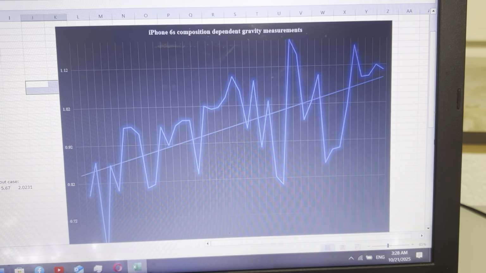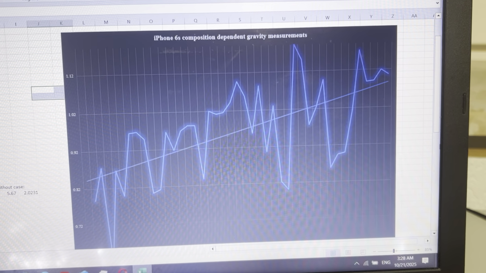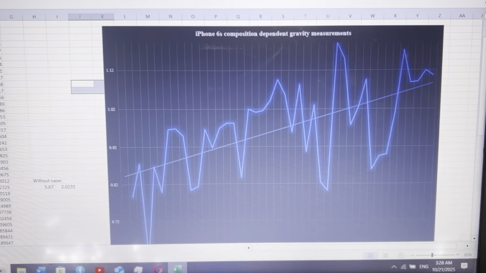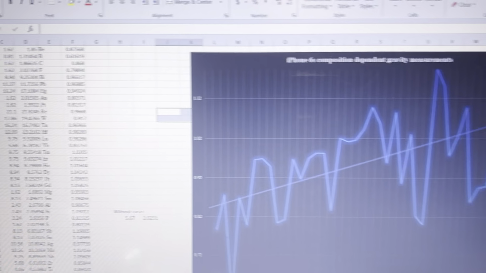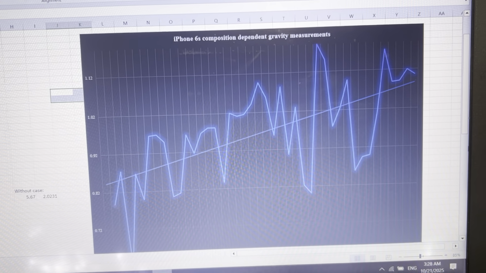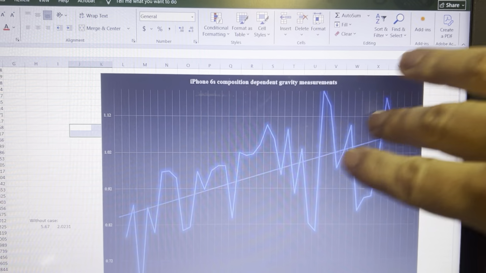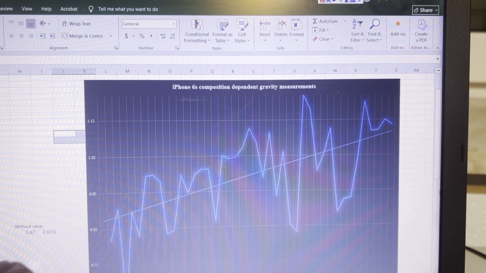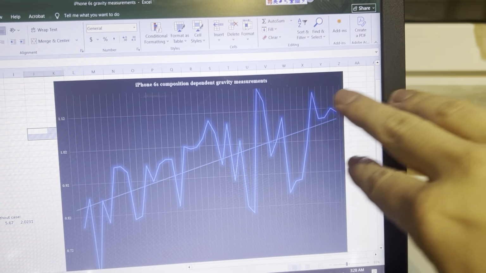You measure on a different day, different temperature. It's still the same value. Of course, the resolution is not very high, but at least it has many digits, and so when you have different masses, then the composition dependence crystallizes out at the end.